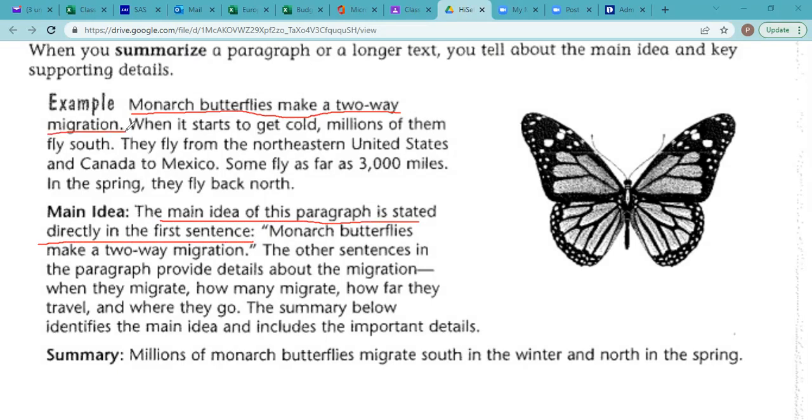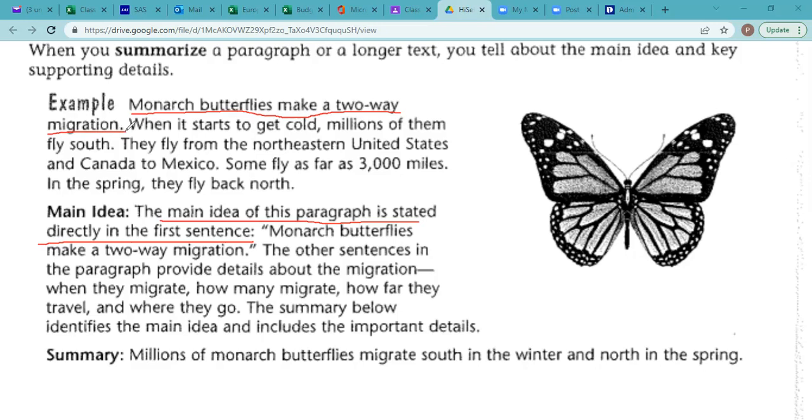So if you think about two-way, and you think about the word migration. So migrate. All right. So these butterflies are going somewhere and then they're returning and they're coming back. So now you're like, okay, I have an idea what the paragraph's going to be about. And then the rest of it could be details and information about what that main idea is speaking of.